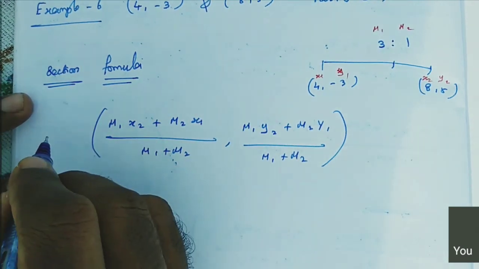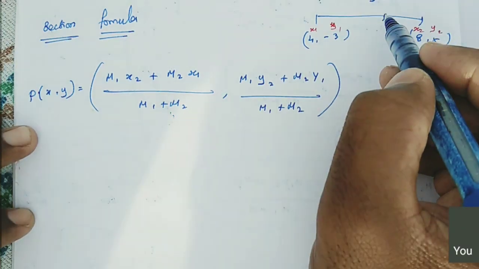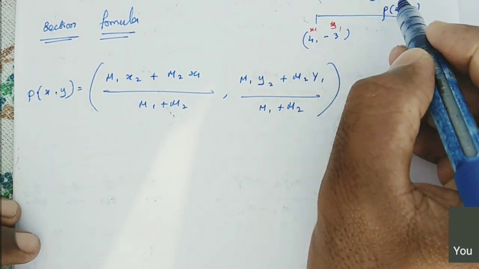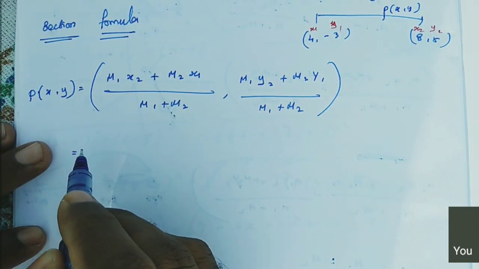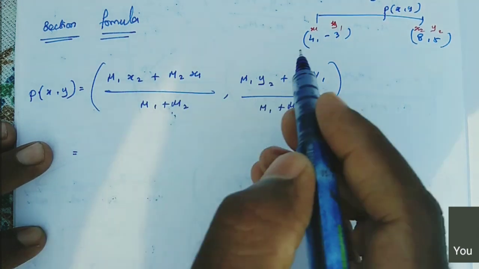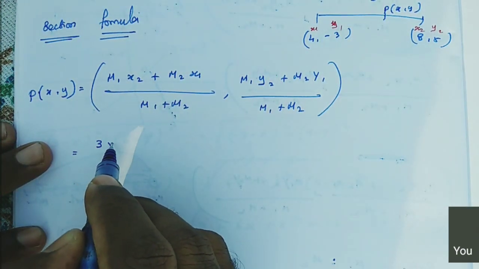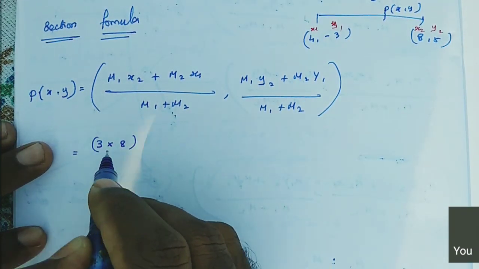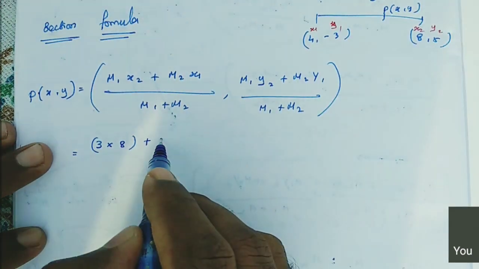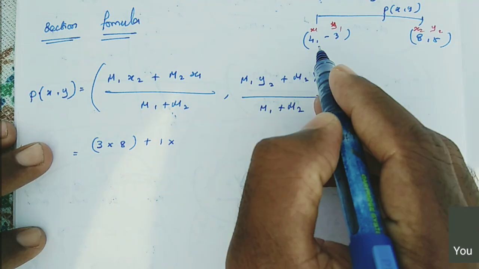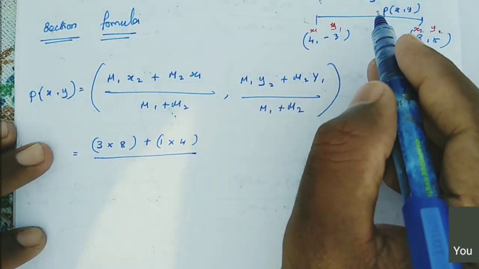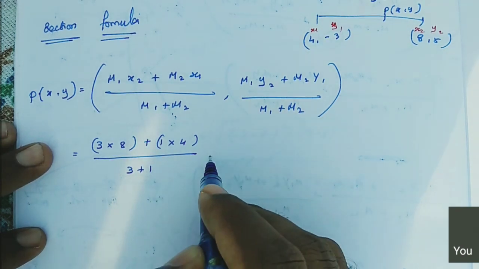Now, the point that we consider is P of x comma y, and it divides the line by 3:1. So now we can substitute. What is m1 here? 3. 3 into x2, which is 8, plus m2, which is 1, into x1, which is 4, divided by m1 plus m2, which is 3 plus 1, comma.